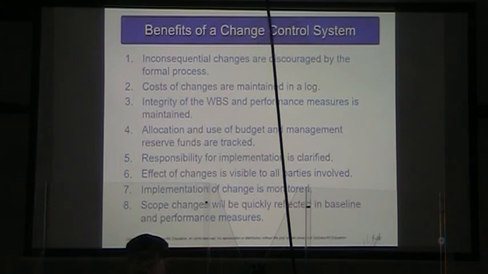We need the allocation of our budget and management reserve funds. When we spend those, we've got to track that. If you get to the end and you can't say where the money was spent, prepare yourself for an audit or even possibly being fired.